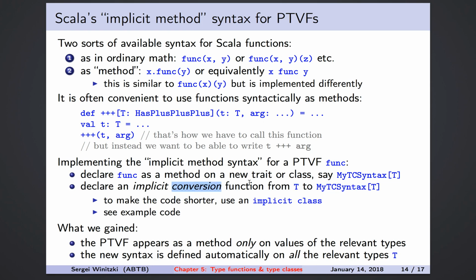And this implicit conversion function is a PTVF using the same type class. So in this way, you automatically extend your existing type class with new syntax. You do not change the type domain of your type class when you do this. Since you don't change the domain, you don't need to change the code of the existing type class. So this can be done in a different piece of code or different library, different module. And the implicit conversion function can be done as an implicit class. I will show you the code in a second. And that makes code shorter, actually.